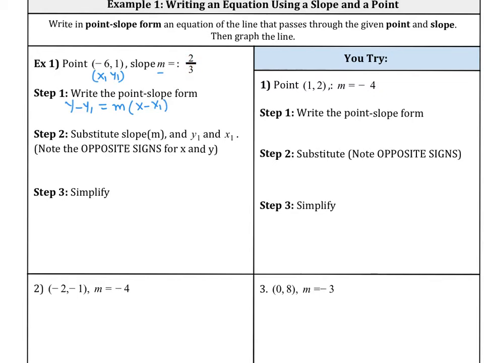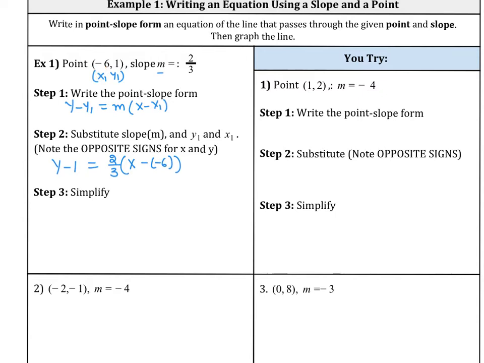So let's write this equation here: y minus 1 equals 2 over 3 times x minus 6. So remember, there are 2 negatives now because one negative is from the formula and this negative 6 is the x1 point.